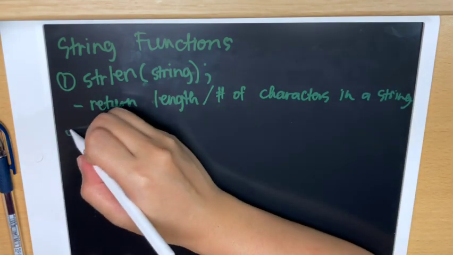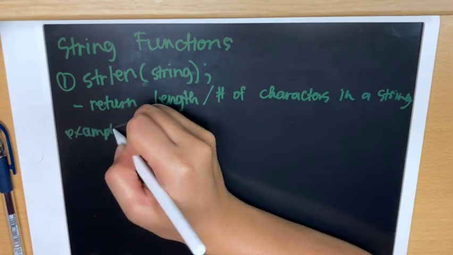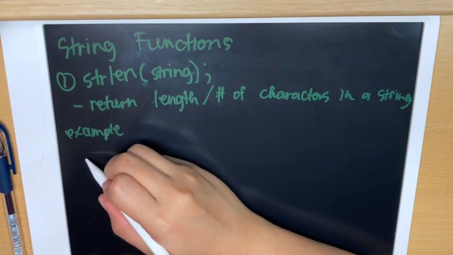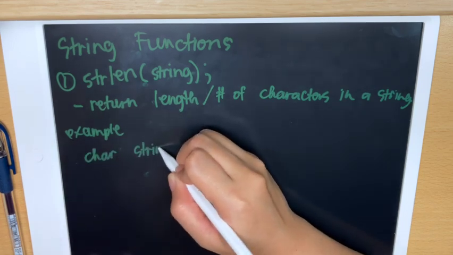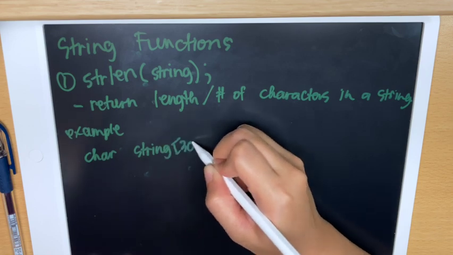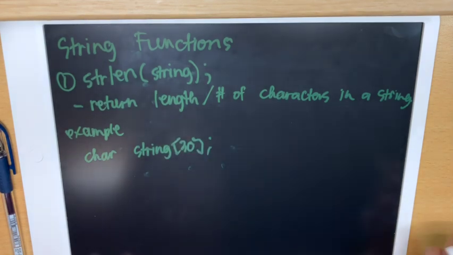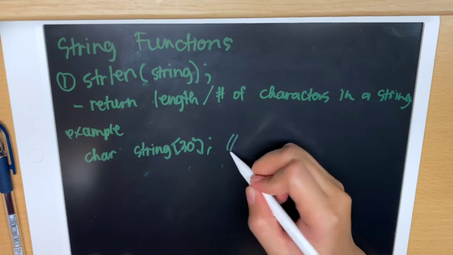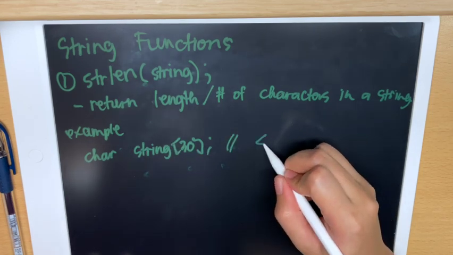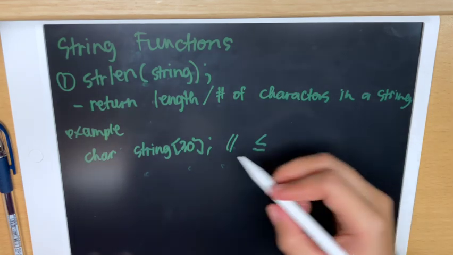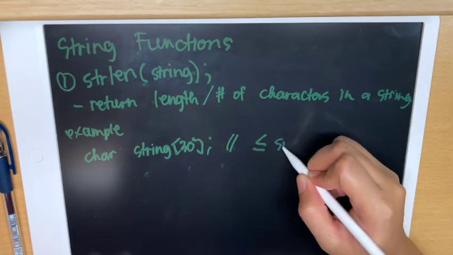So for example, we have a character string of size 30, though we know that the maximum size is 30, and as we introduced that, we can input a value in the string as long as it's less than or equal to the size.